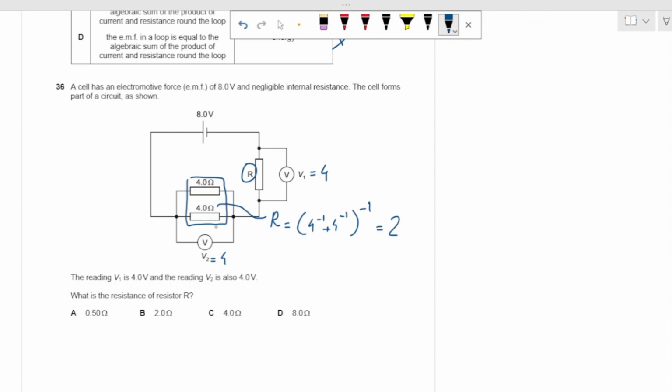So we have found that this whole system of resistors will basically be 2 ohms, and that means the resistance of R will also be 2 ohms, because the resistance of this R must also be 2 ohms in order to have 4 volts. If this had 4 volts for 2 ohms, this must also have 4 volts for 2 ohms. Therefore, option B is correct.